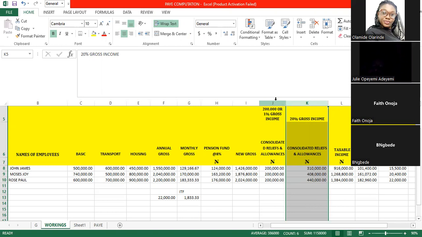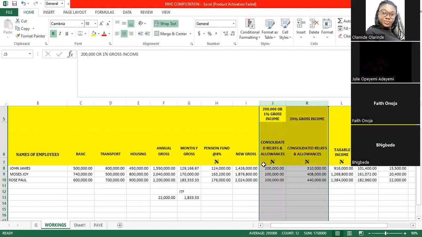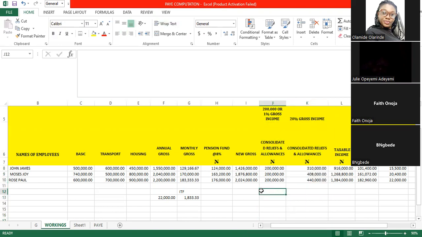They give us these to reduce our taxable income, because the higher the income, the higher the tax you pay, so the balance will not be too high for tax to be charged. This is based on the Finance Act 2021.